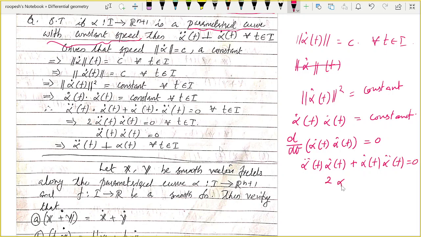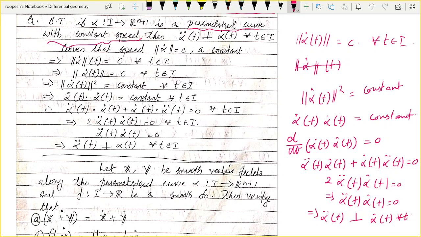That's equal to 2 times alpha double dot of t dot alpha dot of t equal to 0, which implies alpha double dot of t dot alpha dot of t equals 0. That implies alpha double dot of t is orthogonal to alpha dot of t for every t, right? So this is one part. Now we can easily see that if it is of constant speed, then this will hold.